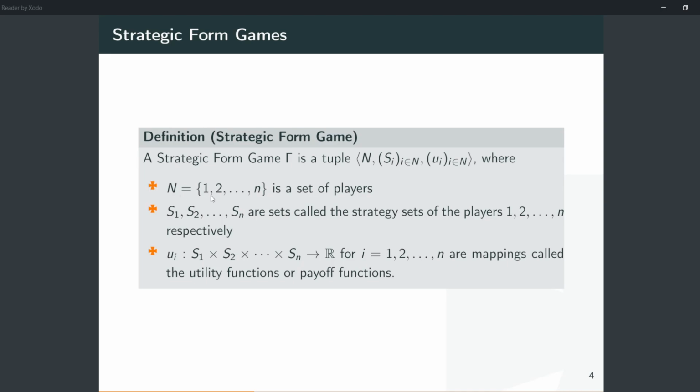N is the set of players. There can be n players in a game, and for each player we have strategies and utilities. A utility will be defined for every combination of strategies that can occur.